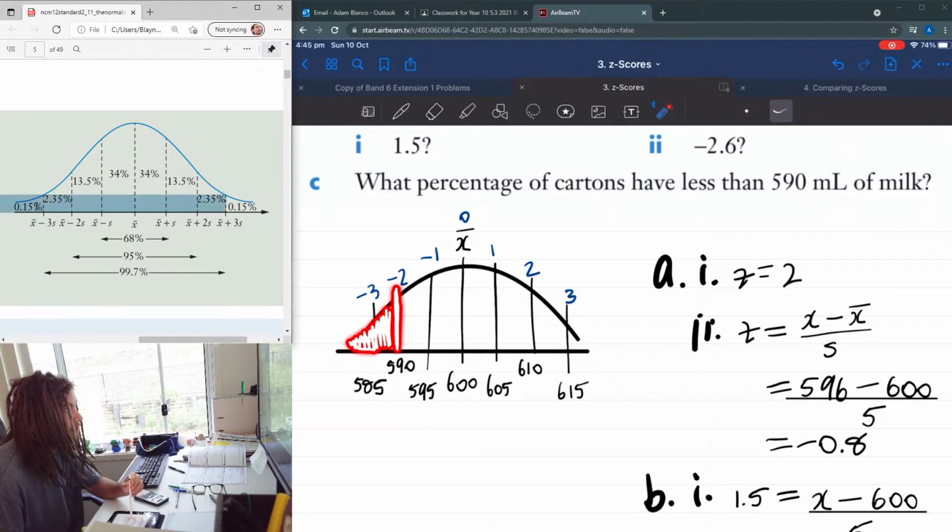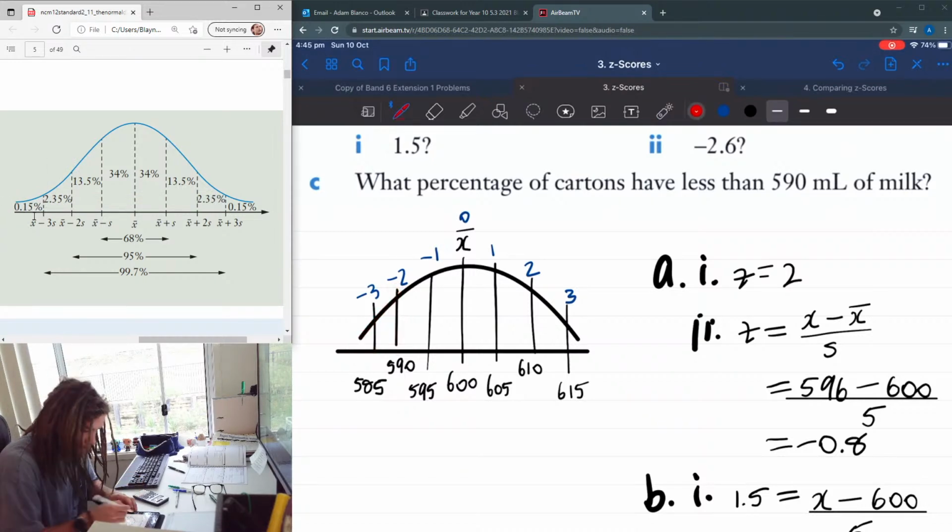So I'm looking at not the whole thing, just this part. So 2.35 plus 0.15. That percentage, which is question C, is 2.5%.